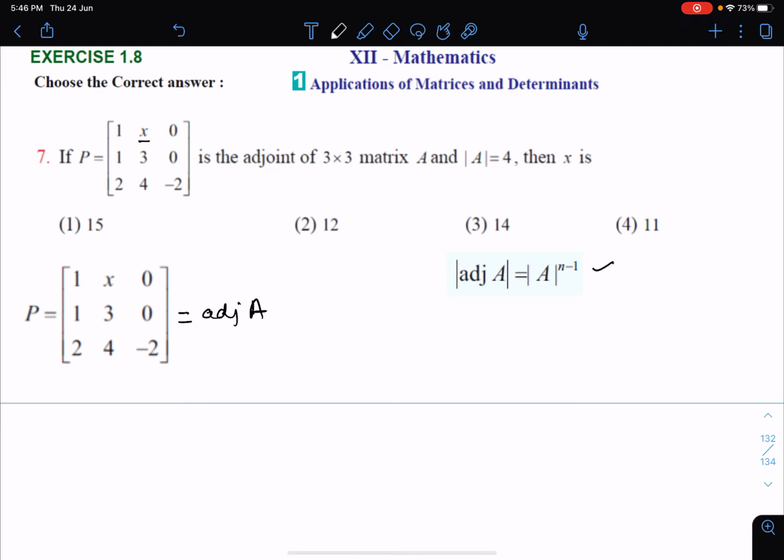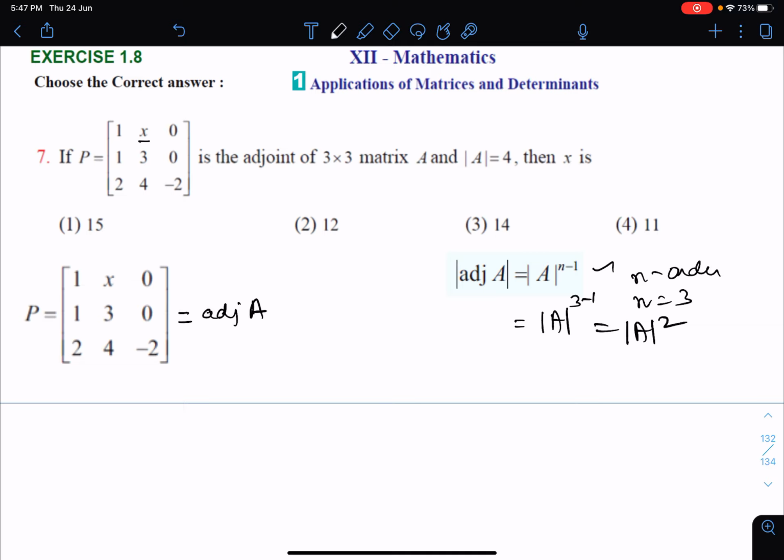Actually we know this property: determinant of adjoint A equals determinant A power n minus 1, where n is the order. Our n here is 3, therefore this is going to be determinant A power 3 minus 1, that is equal to determinant A power 2.